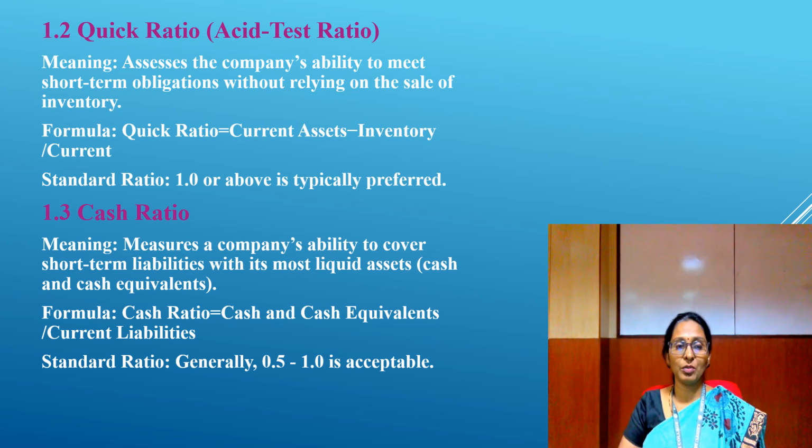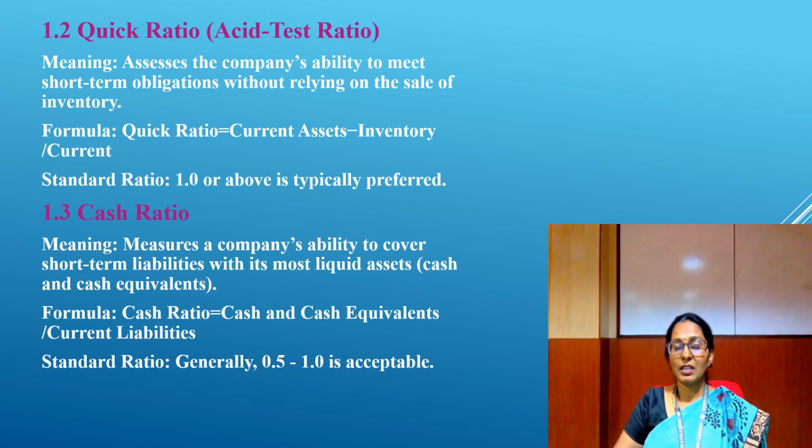The formula for the quick ratio is current assets minus inventory divided by current liabilities. So we calculate the acid test ratio by taking the liquid assets divided by current liabilities.